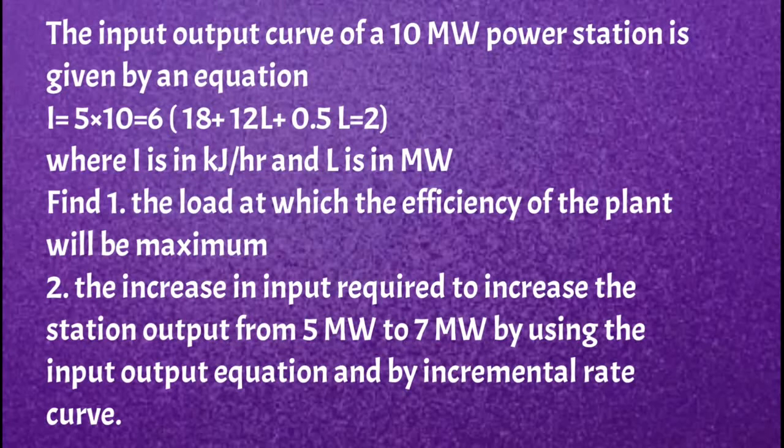Find first the load at which efficiency of the plant will be maximum. Second, the increase in input required to increase the station output from 5 megawatt to 7 megawatt by using input-output equation and by incremental rate curve. So this was the given question.